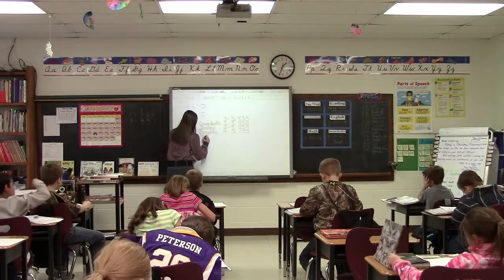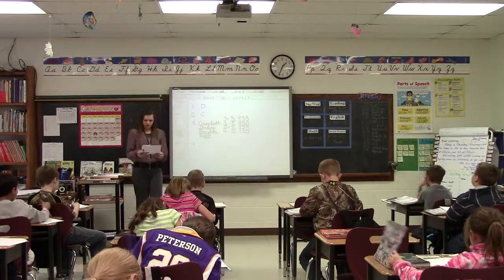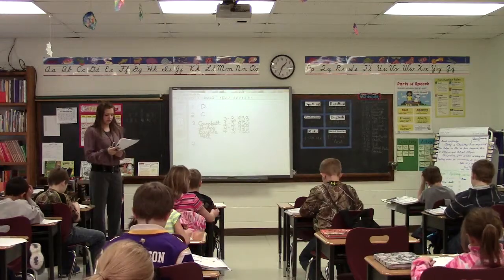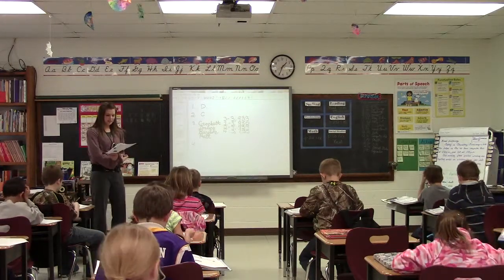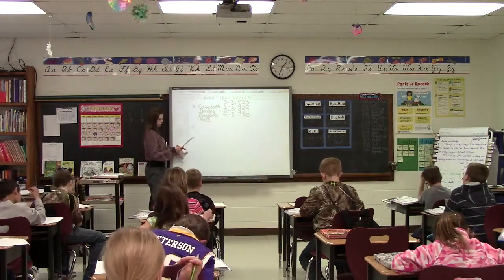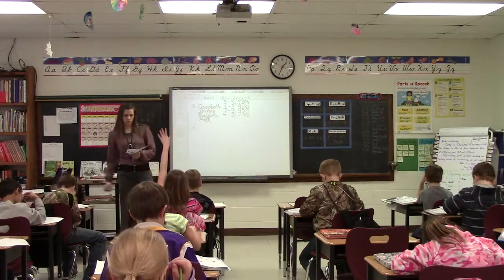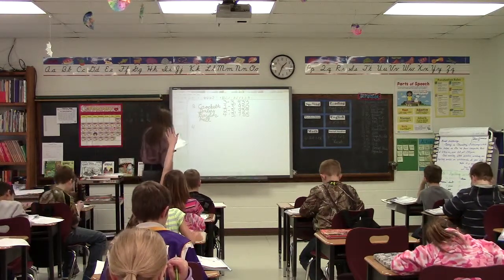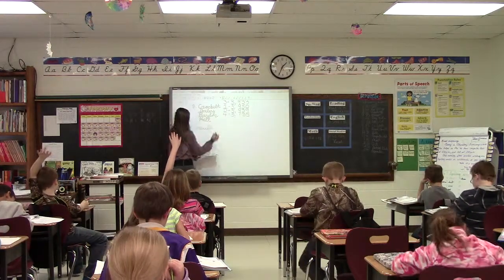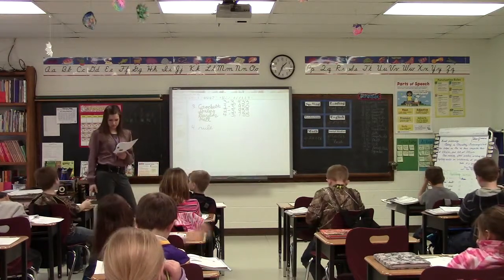Okay. Number 4. The table below shows the original price and the sale price of different items of clothing. What is the missing number in this table? So we need to find a rule to figure out our sale price. What is our rule? What are we doing to the original price to get the sale price? Trey, what are we doing?